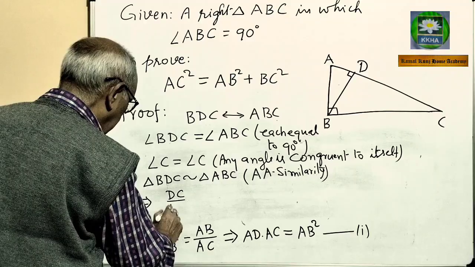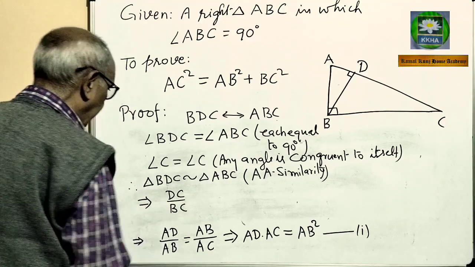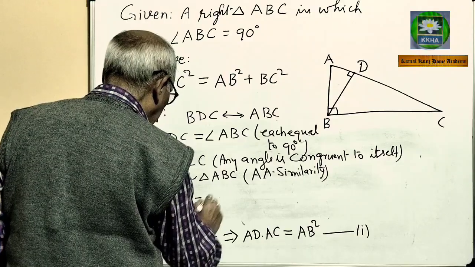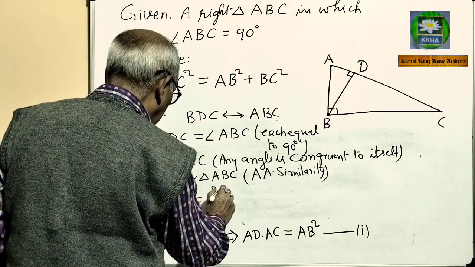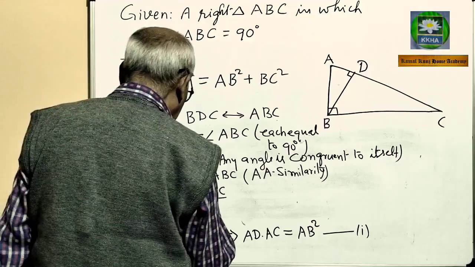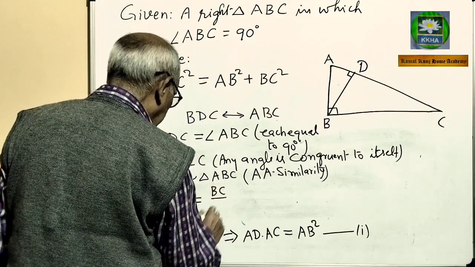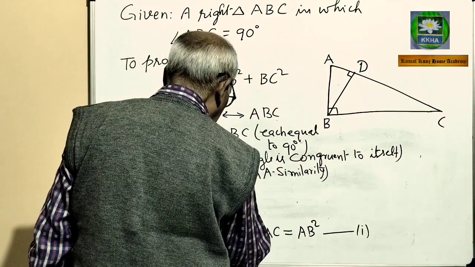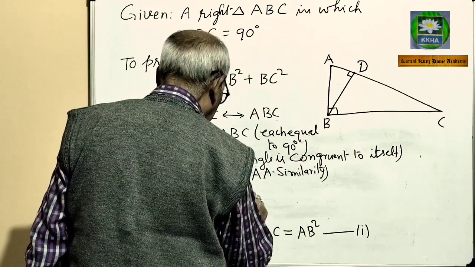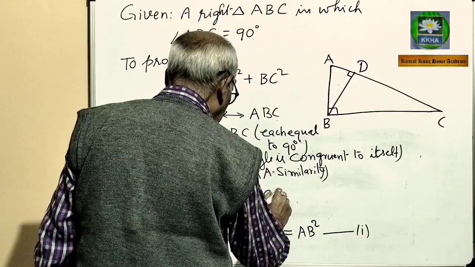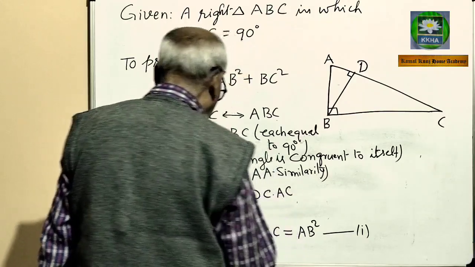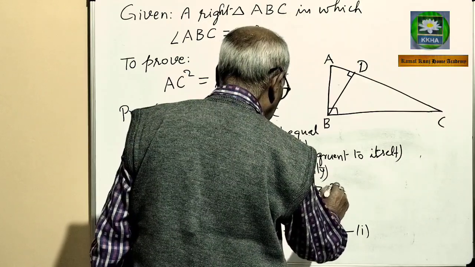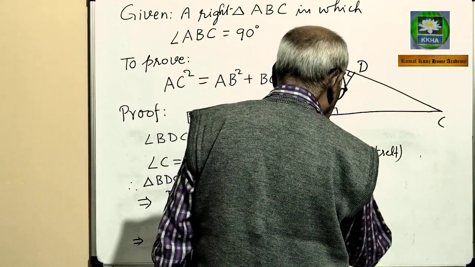BC upon AC is equal to DC upon BC. This implies that BC into AC is equal to BC square. Let it be number 2.